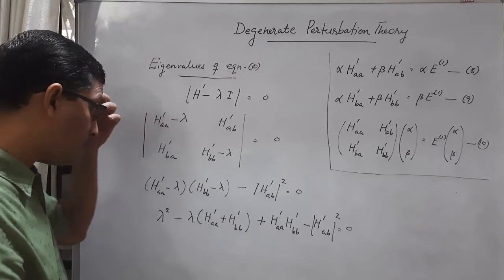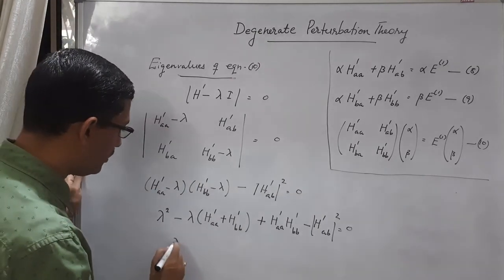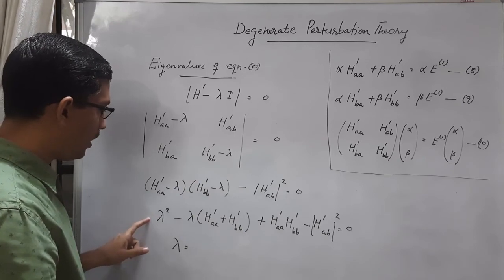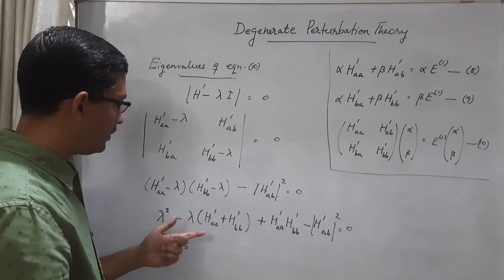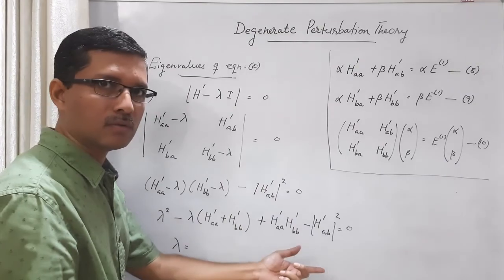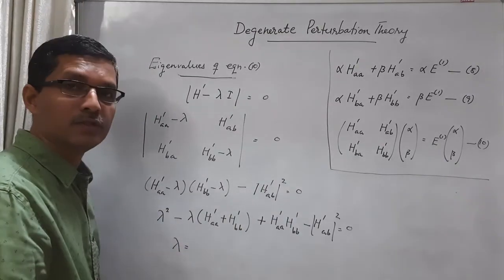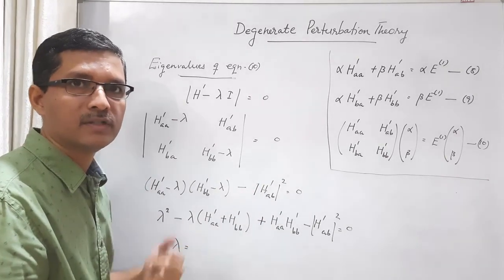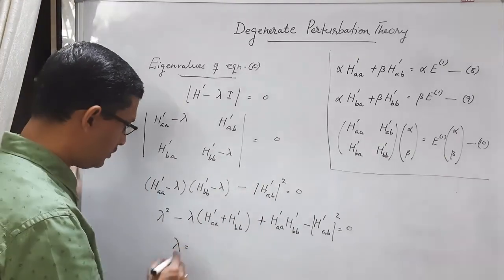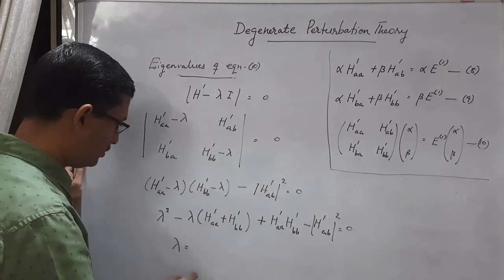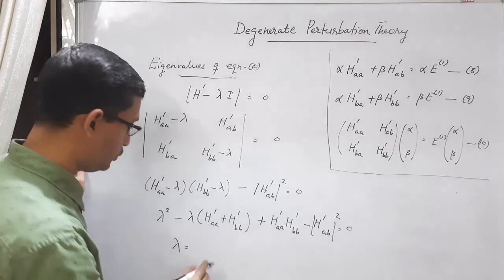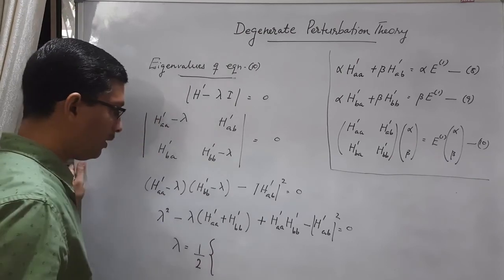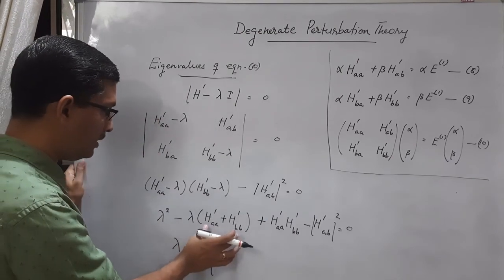So what are the solutions? Solutions are lambda equals, from the form a lambda square plus b lambda plus c equal to 0. We know the solutions of a quadratic equation: minus b plus or minus root of b square minus 4ac, by 2a. What is a here? It is 1. So in the denominator we have only a 2, so I can put it as 1 by 2, right? Minus b, this is the b term with a minus sign.